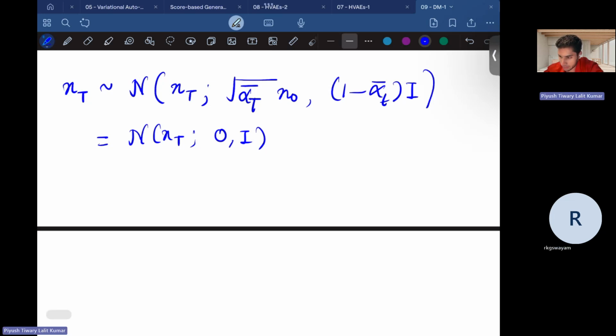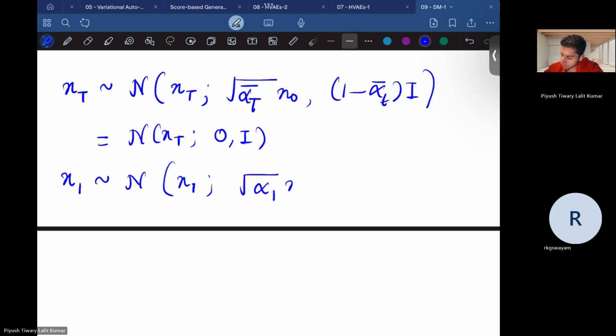Also, let's look at x1. X1 is again another Gaussian distribution centered around square root of alpha 1 x naught, with variance 1 minus alpha 1 times I. For the sake of argument, let's say that x1 is approximately equal to x naught.